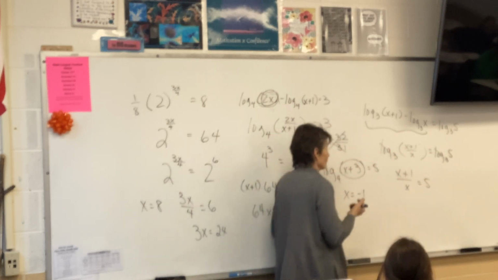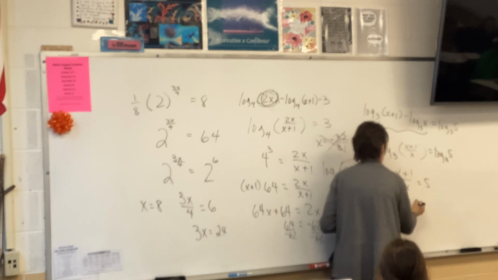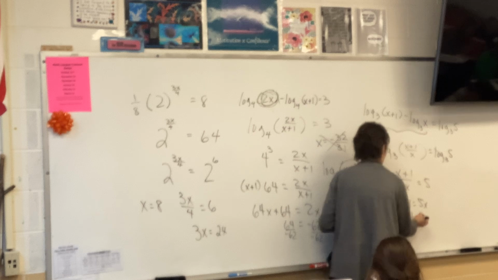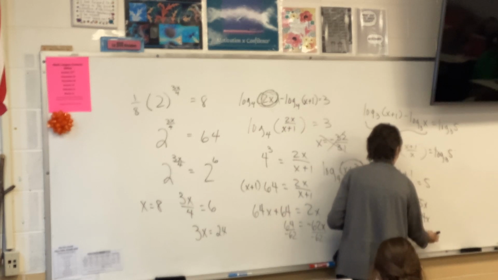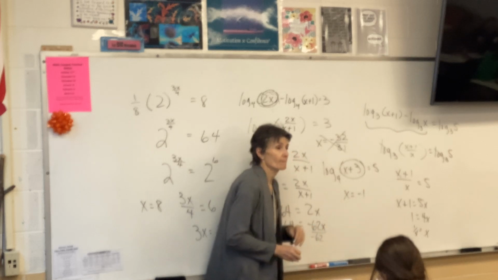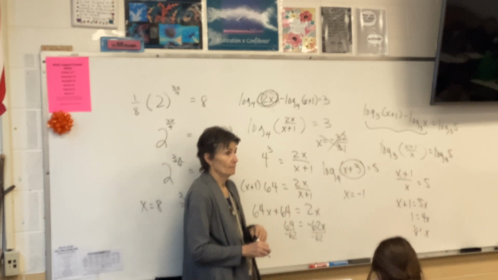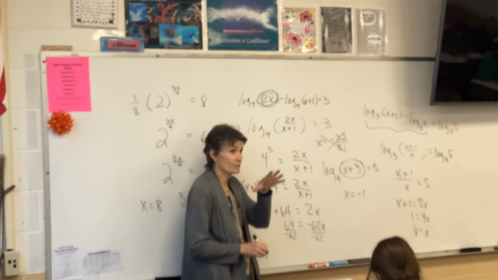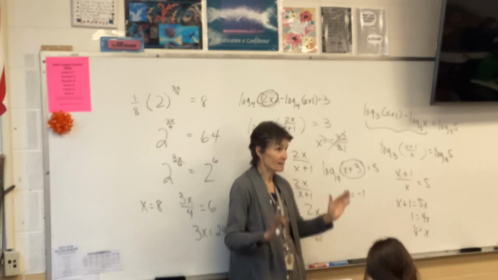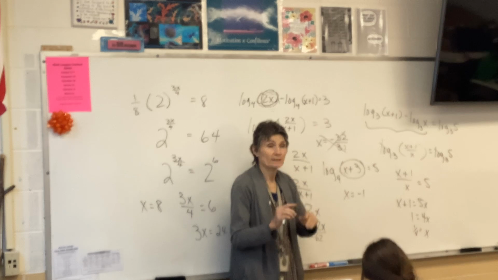Alright, what do I do? Times x, and minus x, divided by 4. Now, I want to show you something real quick. This is the answer to this problem. Alright, everybody got 1/4, we're good, perfect.